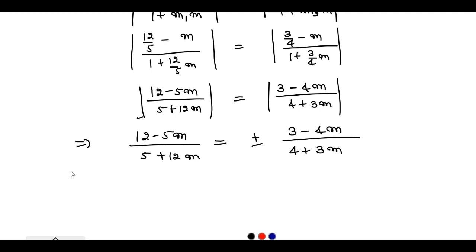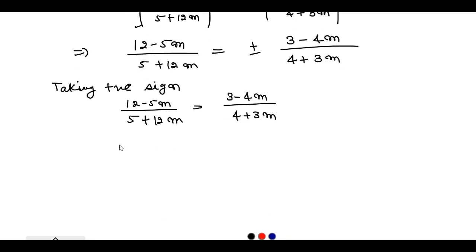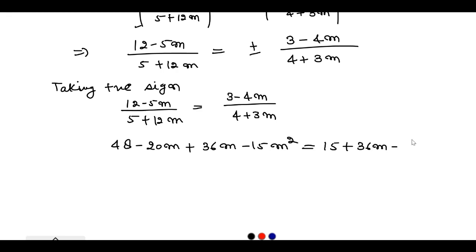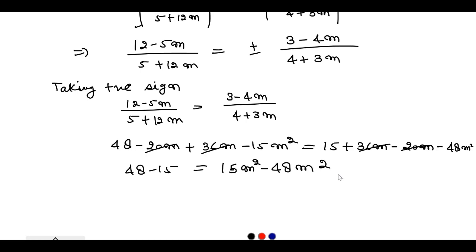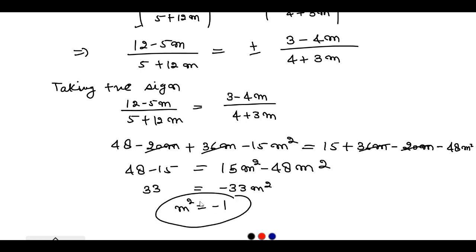Now, first of all, we are taking the positive sign. M square is equal to minus 1, which is not possible.